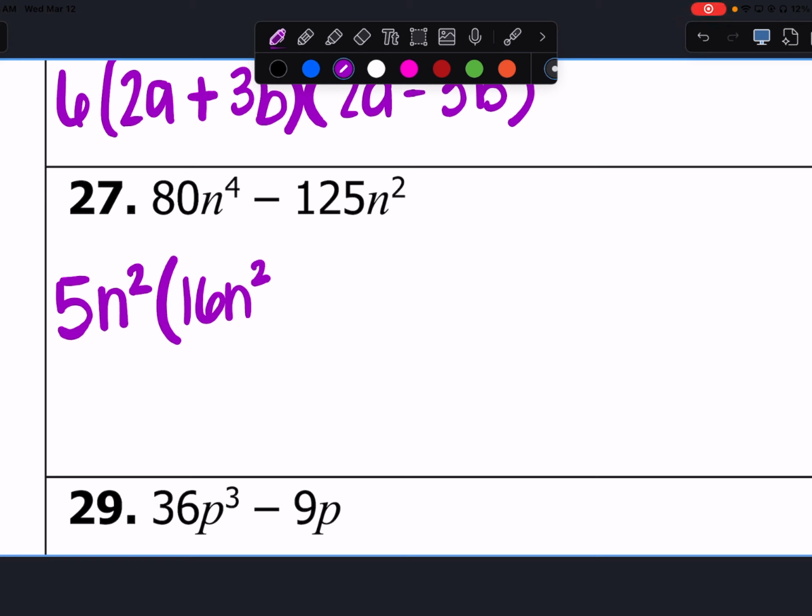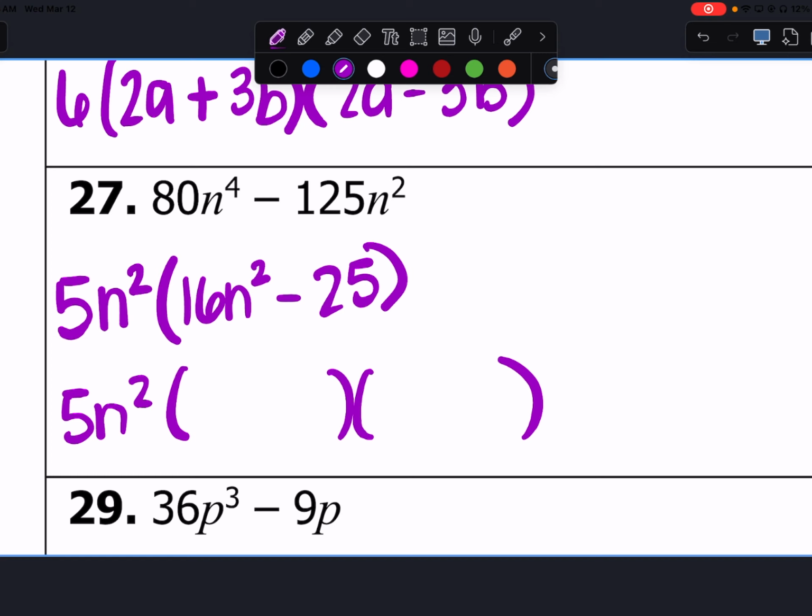Then we have negative 125 n squared divided by 5n squared. And that leaves us with a difference of squares. So we can keep factoring it. What should go in my first parentheses? 4n. Okay, then what? What signs do I need? There we go.